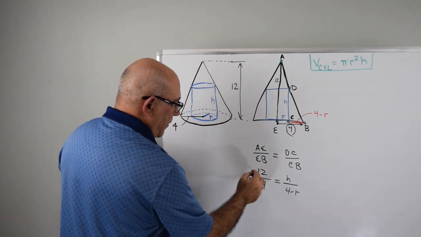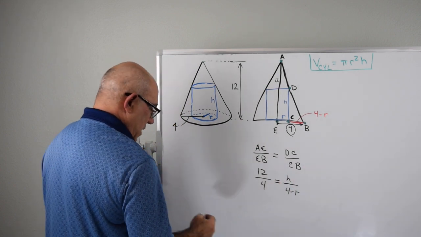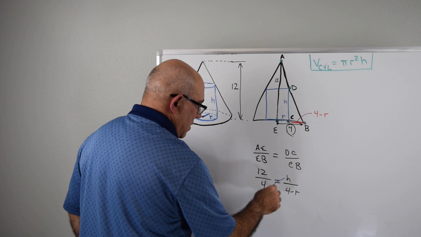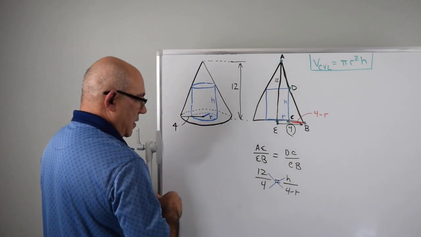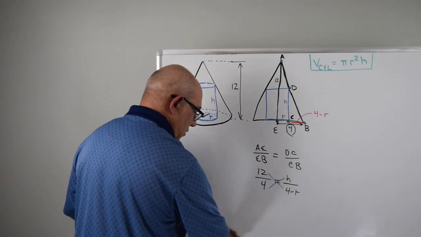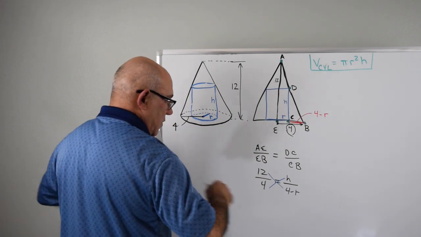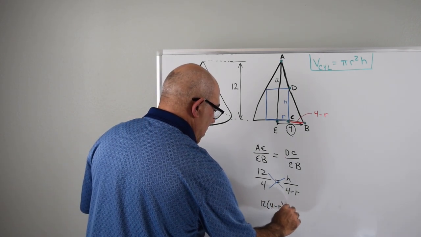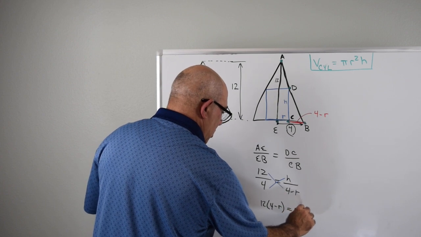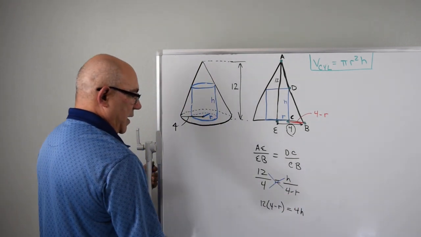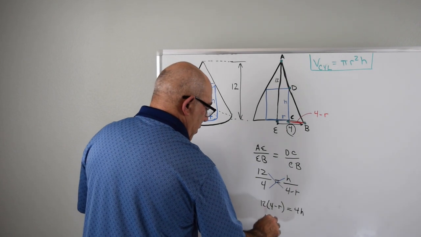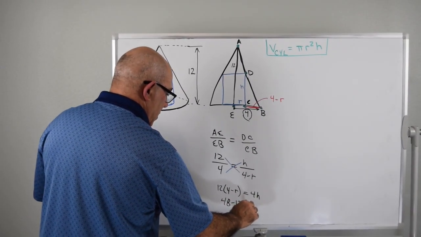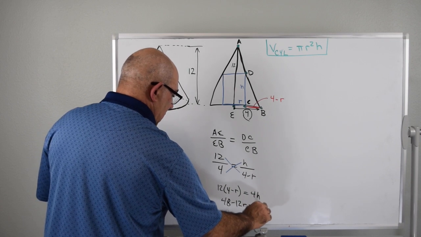So we know this relationship, and now we can cross multiply and solve for h in terms of r. We get 12 times 4 minus r equals 4h, simply by cross multiplying. Now we get 48 minus 12r equals 4h.